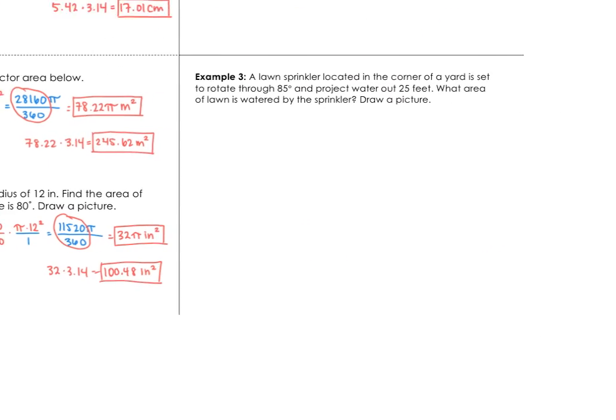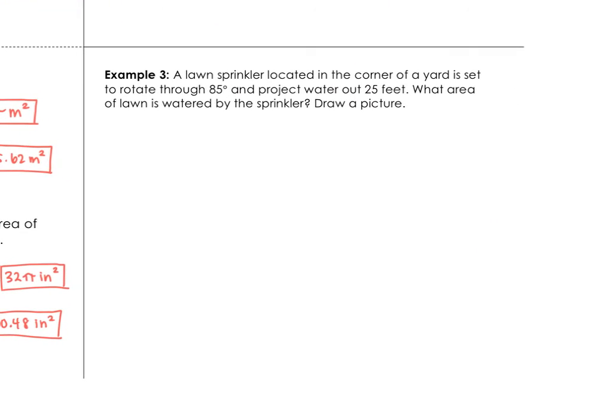All right, now let's take a look at our word problem here. It says a lawn sprinkler located in the corner of a yard is set to rotate through 85 degrees and project water out 25 feet. What area of lawn is watered by the sprinkler?